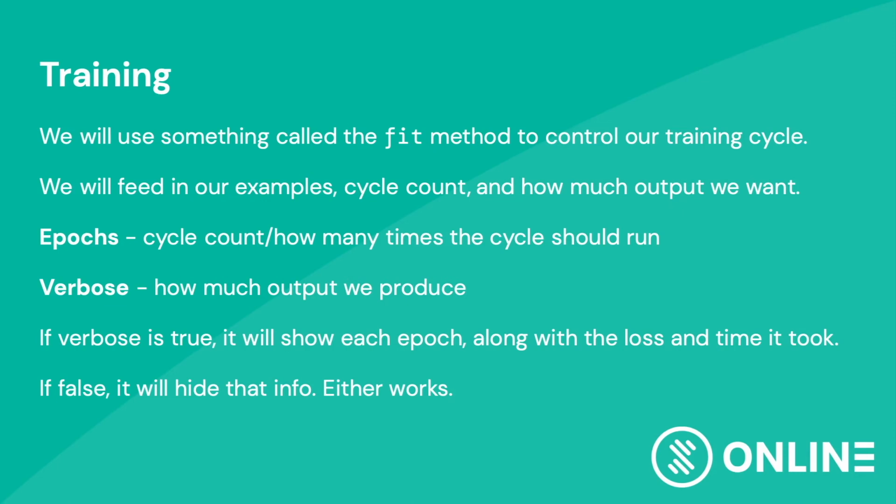When you run longer, you're basically training it down to the most precise detail. And then verbose, which is how much output we produce. If verbose is true, it will show us a very visual representation of the loss value and how it's thinking, or if it's false, we can hide it. We'll show you how to do that.